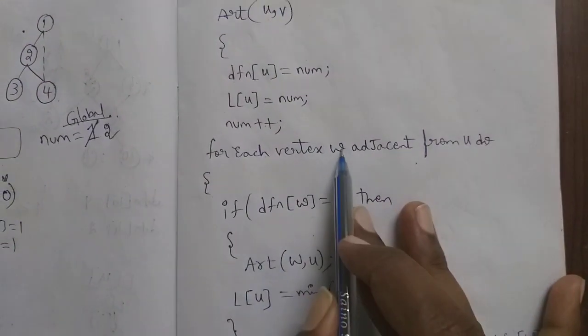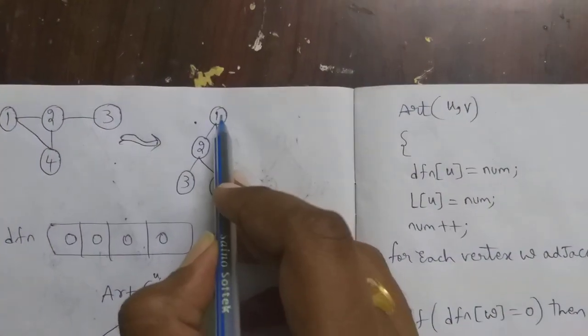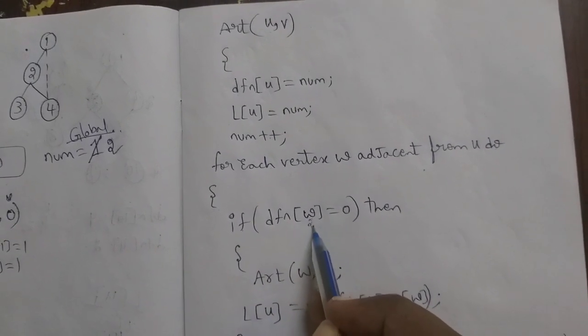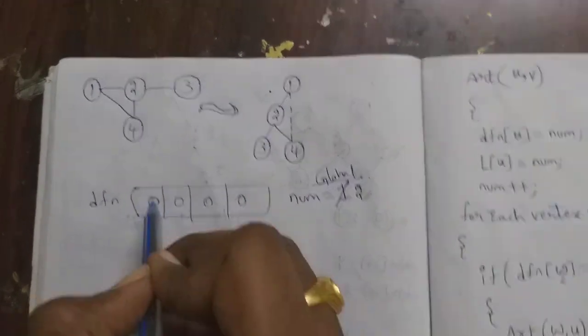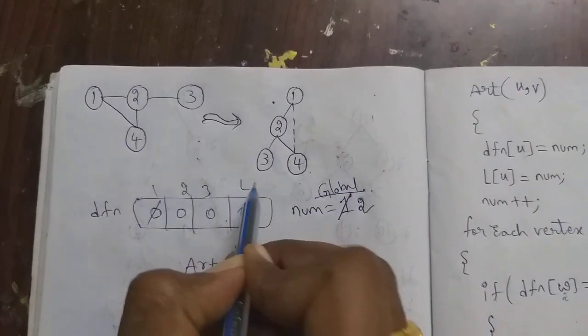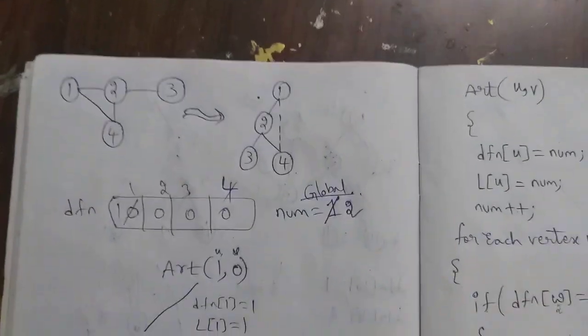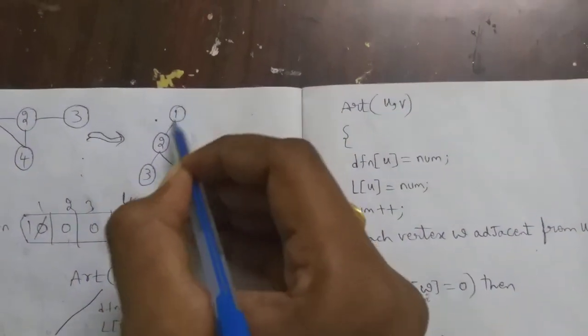For each vertex w adjacent from u, adjacent to 1, which is 2: if the depth first number of 2 is 0, yes, initially it is 0. We modified the depth first number of 1 to 1 here, right?